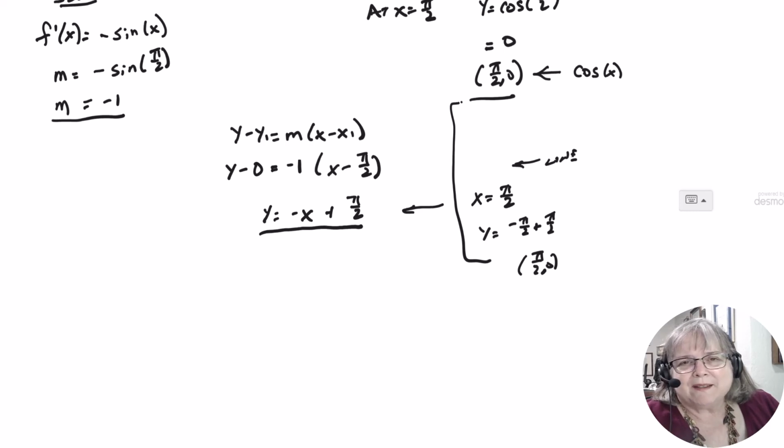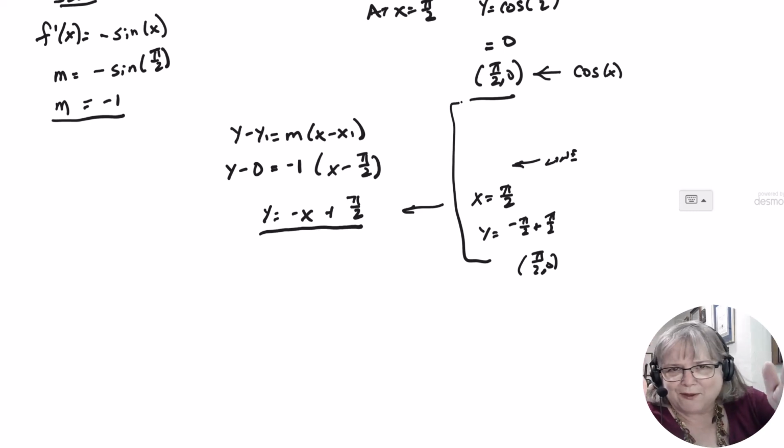Now, keep in mind that you're in Calc 1, and that's pretty tough, right? But you can imagine thinking forward into the future. As you can imagine, the mathematics are going to get much more difficult.